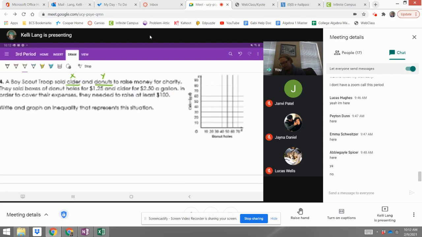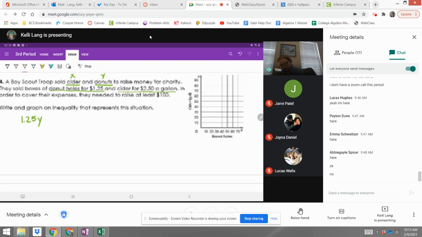We are told in the next sentence that donut holes cost $1.25. So to represent the amount of money they made from donuts, we are going to multiply 1.25 times Y. Y stands for donuts.